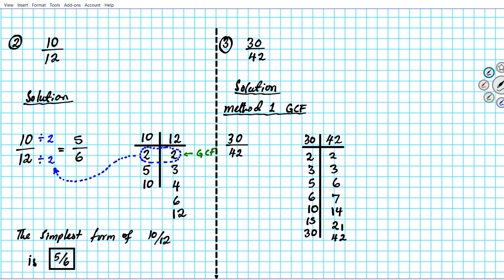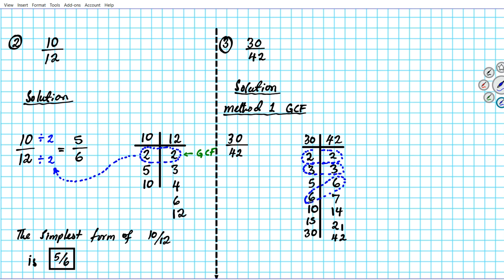Okay, so what are the common factors here? 2 is a common factor. 3 is a common factor. What else? 6 is also a common factor. Anything else? No. So we have 3 common factors here.